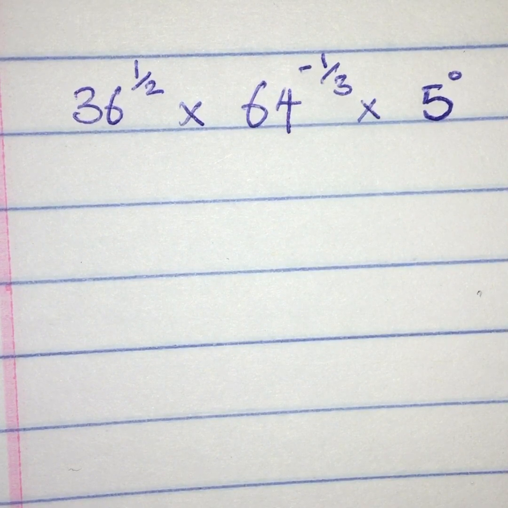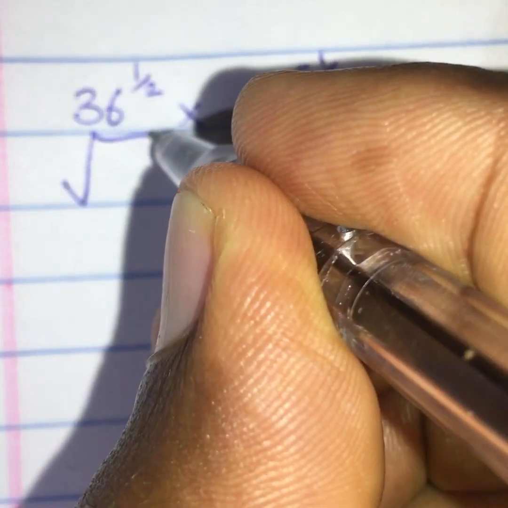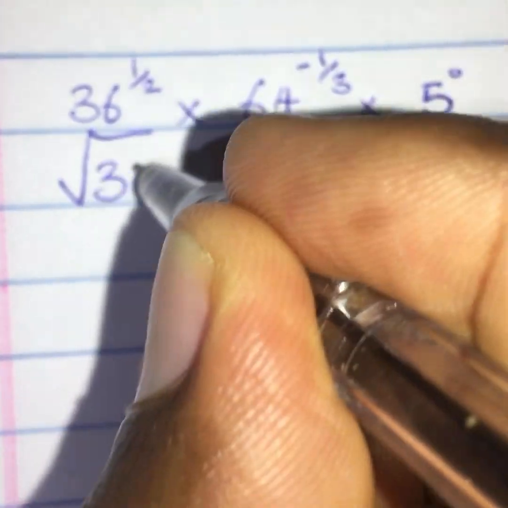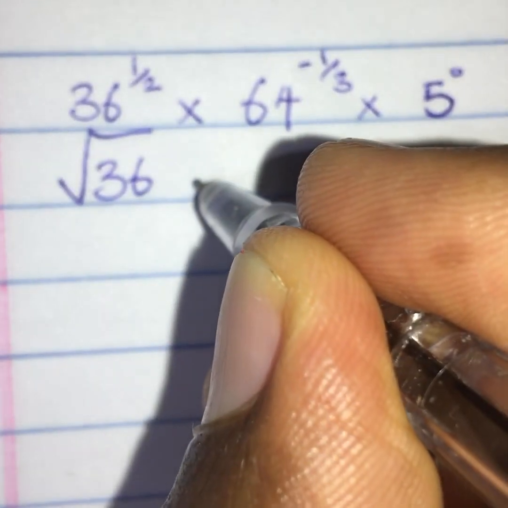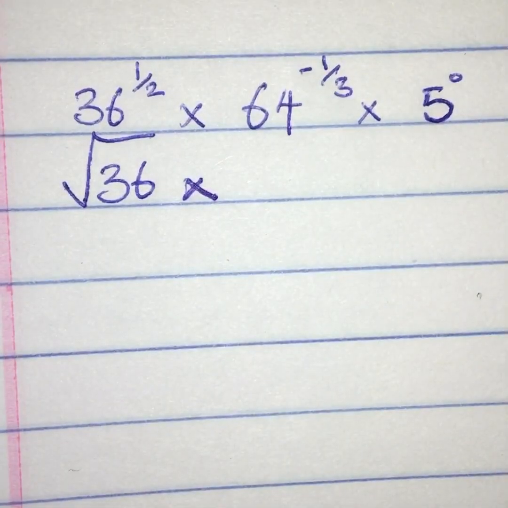Now, applying the law of indices, we take note of the fact that whenever you see a math problem where you have a figure raised to 1 over 2, it means you look for the square root of that figure. So we look for the square root of 36. This means the square root of 36 times, we have 64 raised to minus 1 over 3.